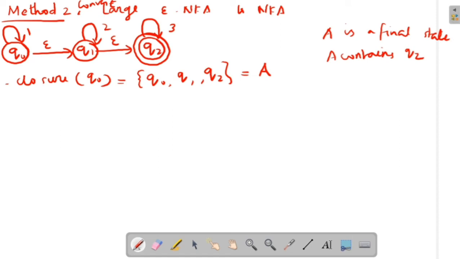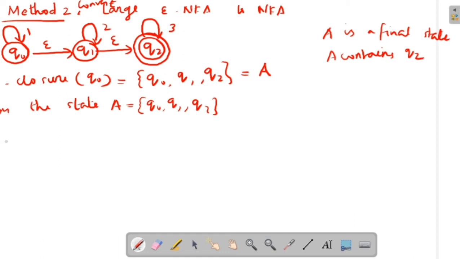Then the next step is for the state A, that is A equal to Q0, Q1, Q2. We find the transition from the new state A to another state over the alphabets 1, 2 and 3.